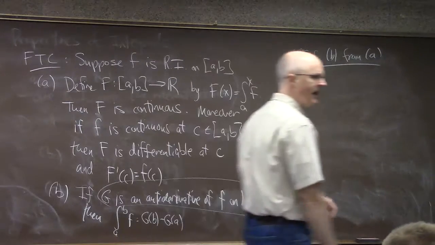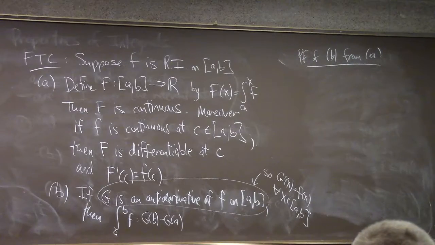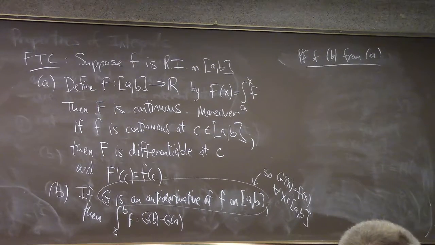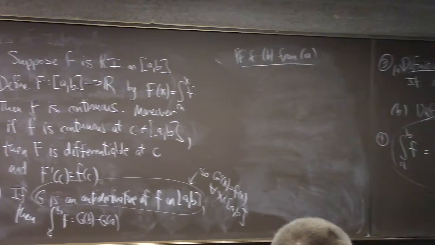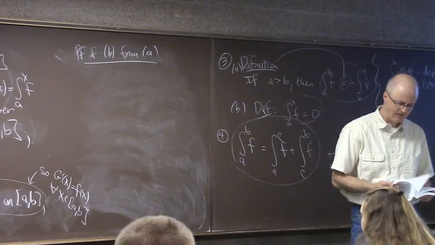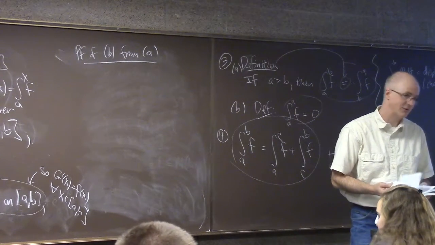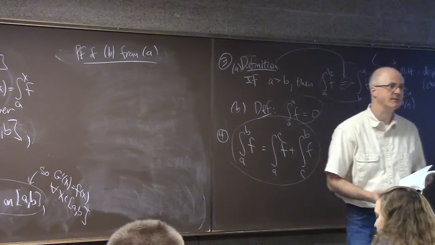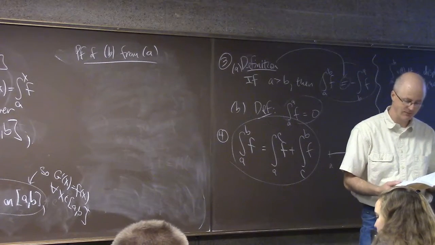So a little bit of a fly in the ointment here. That doesn't necessarily mean f is continuous. Antiderivatives do satisfy the intermediate value property we've seen, but are not necessarily continuous.